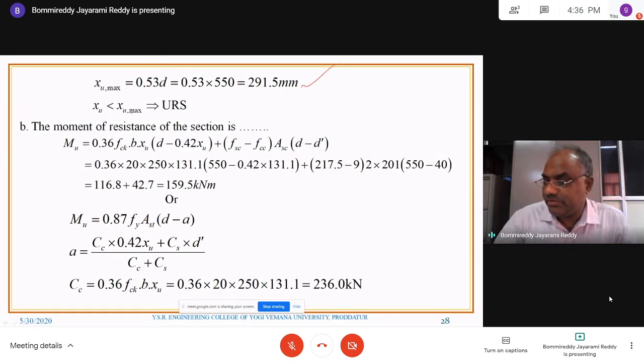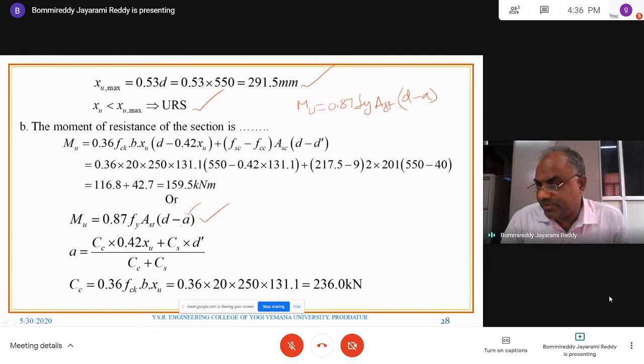So xu is less than xu maximum, it is under reinforced. When it is under reinforced, the moment carrying capacity will be equal to 0.87 fy Ast (d minus a). Because when it is under reinforced, steel will govern. And a is the distance of the CG of the compressive force from the extreme compression fiber.